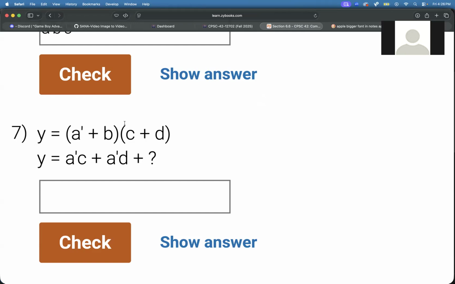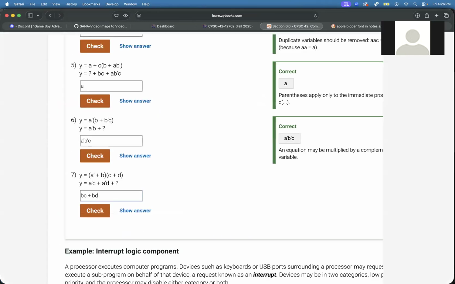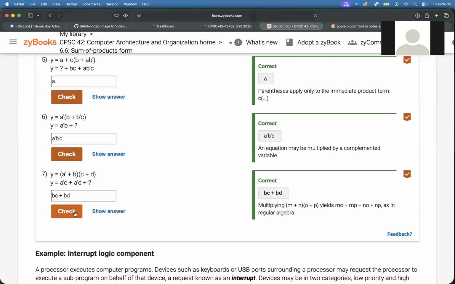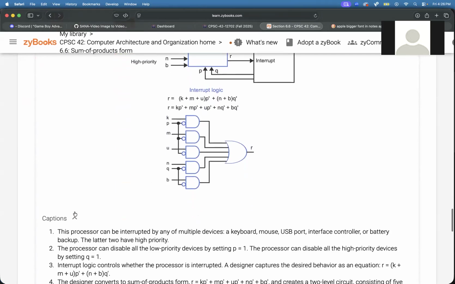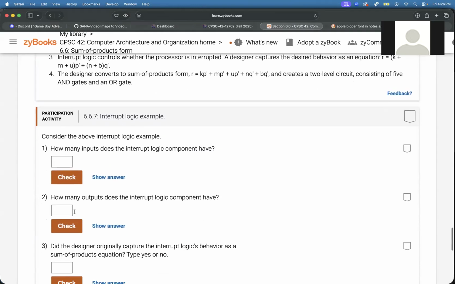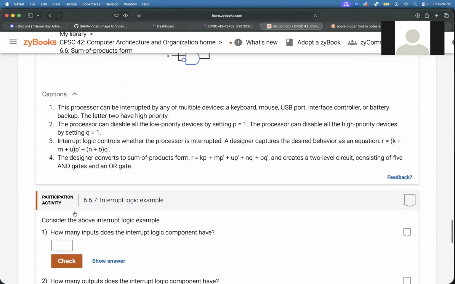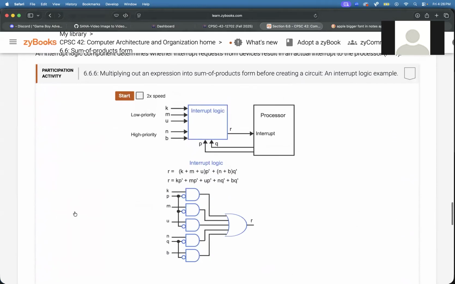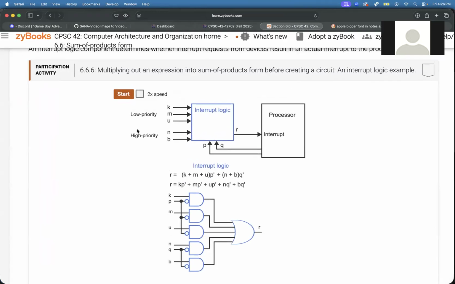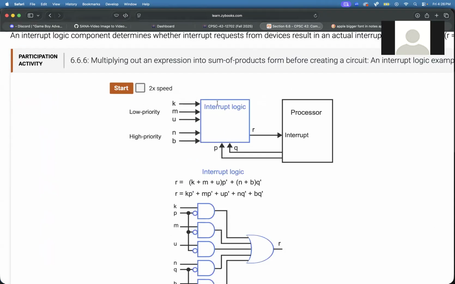So you'd have to do the B times the C. And then you'd also have to do the B times the D. So feel like you're back in Algebra 1, right? I'm not going to do all this here, but this is a complicated thing.